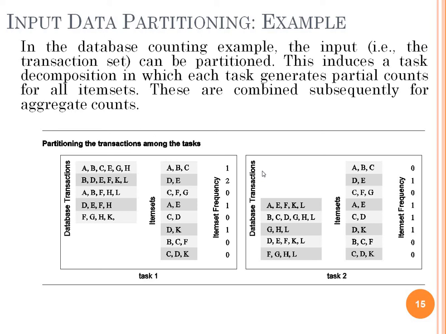This comes under input data partitioning because we divide the input into two parts, named task 1 and task 2. Similarly, we can have multiple ways to perform the input data partitioning, depending on the programmer.